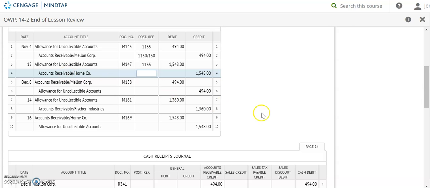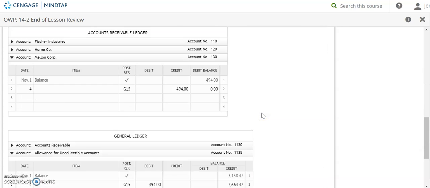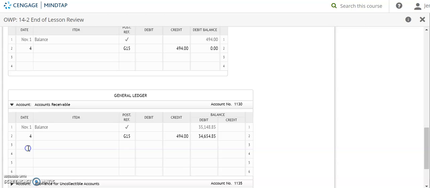Okay, next I'm going to go to accounts receivable. The date is the 15th, G15. I'm crediting this account for $1,548. I get $33,106.85.